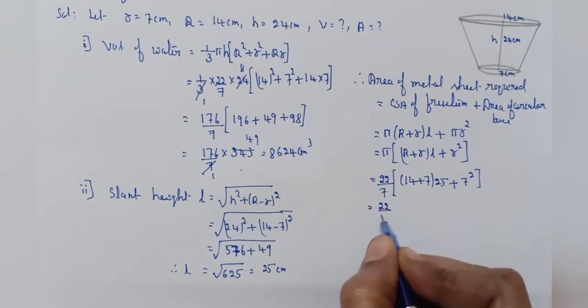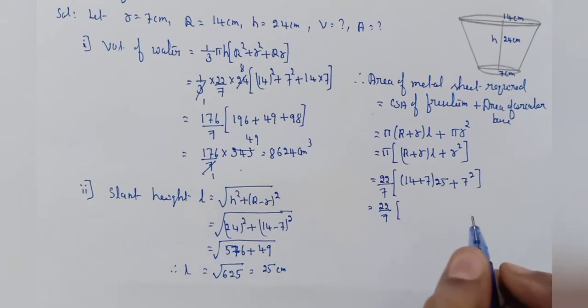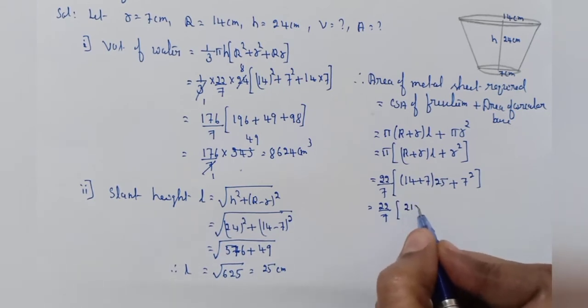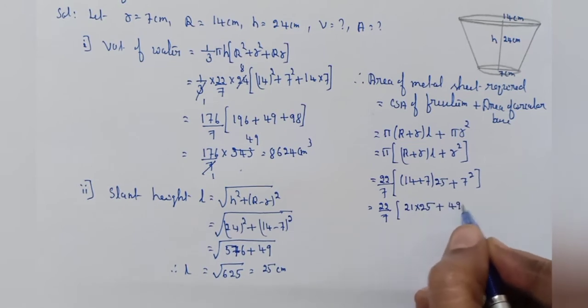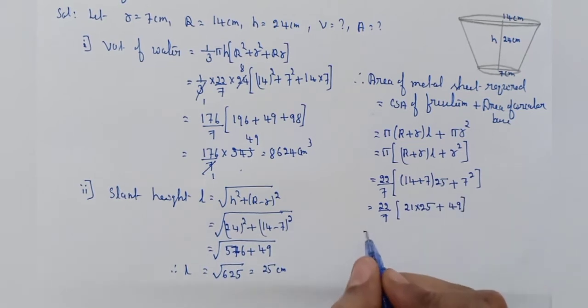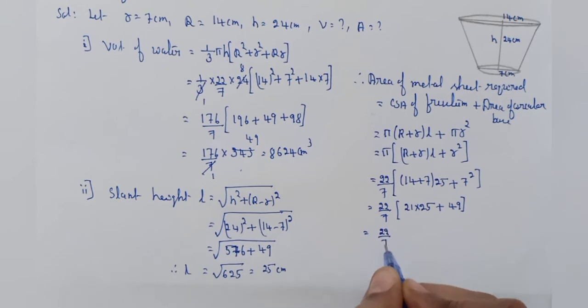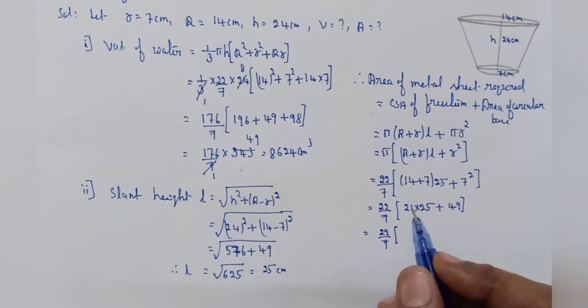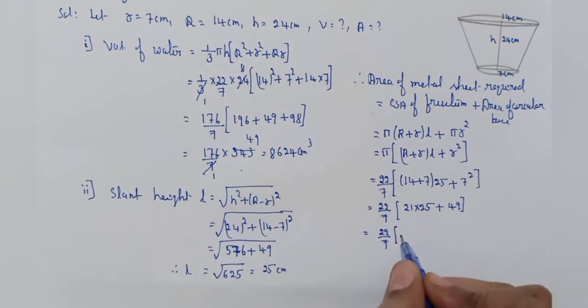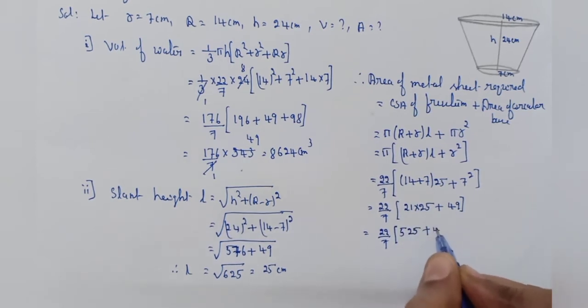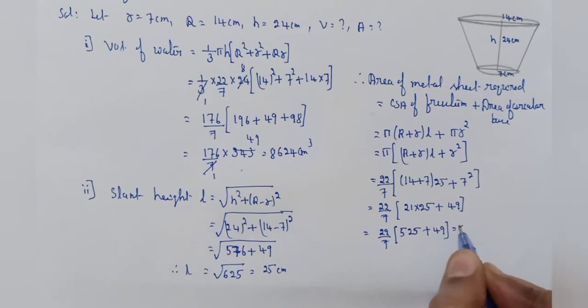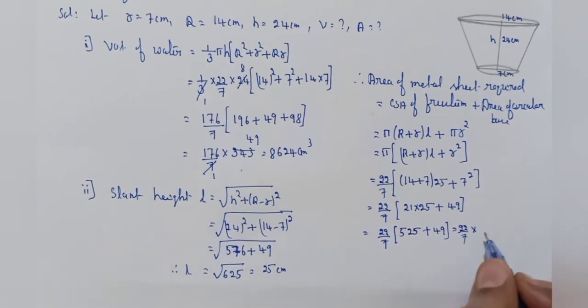22 by 7, (14 plus 7 is 21) into 25, plus 7 square is 49. Next, 22 by 7, 21 into 25 is 525, plus 49. So 22 by 7 into 574.